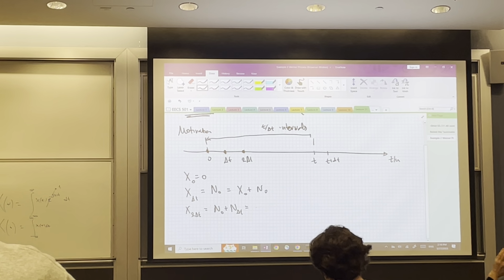A Wiener process is defined. A random process x of t, t in R, is said to be a Wiener process if the following are true. First, it's Gaussian. Second, the mean of x of t is 0 for every t.